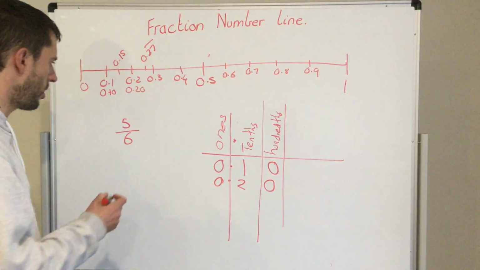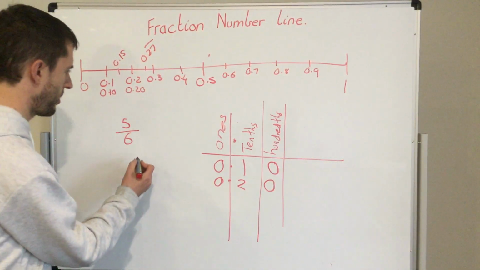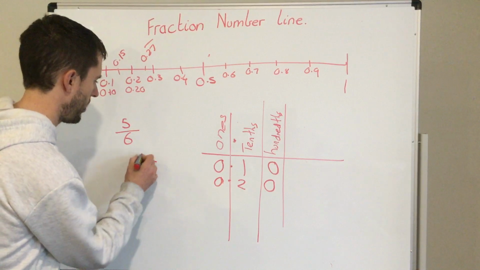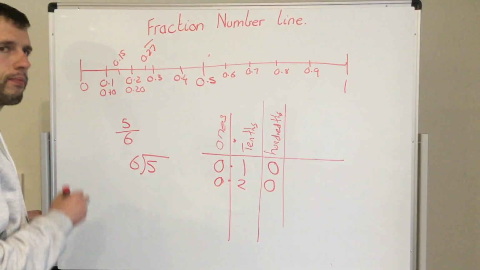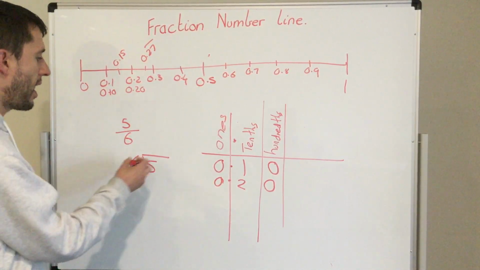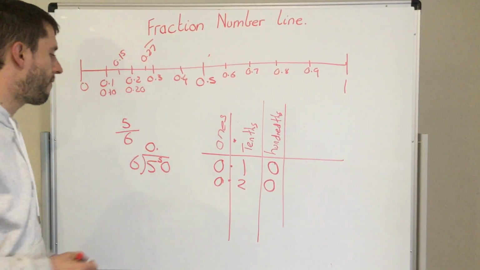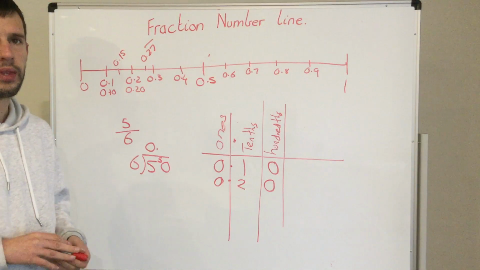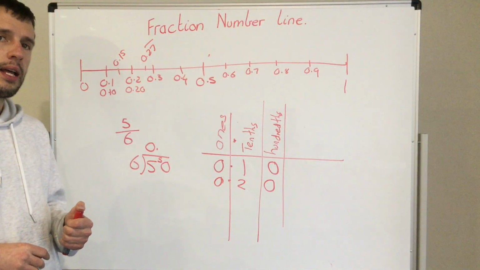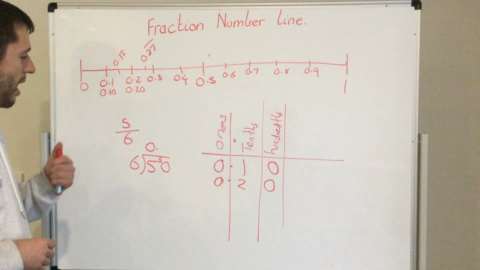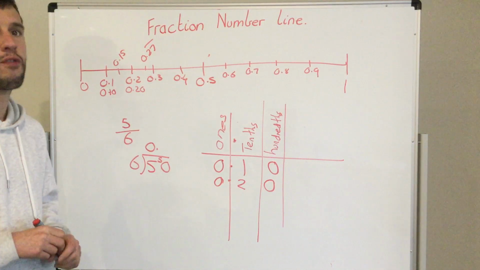Okay, let's have a go. 5 divided by 6. I can't do it, so I drop the 0 and carry the 5 over. Now I've got 50. So then I think how many 6s are in 50? I've got 8.